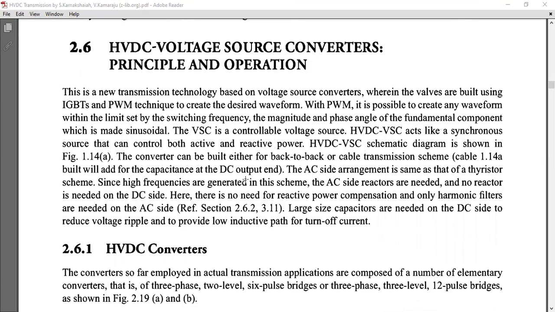Next, we will go into the topic of HVDC voltage source converters, principle and operation.